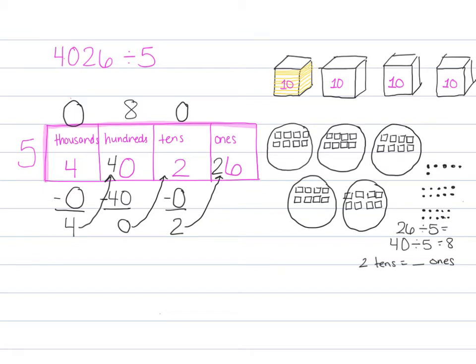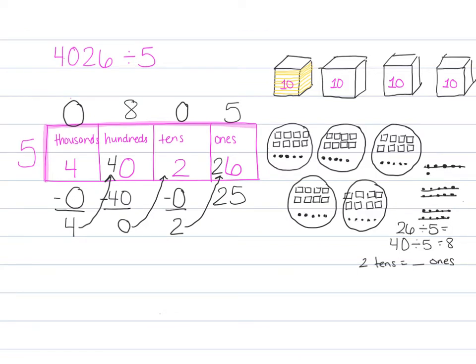So we know that there will be 5 ones in each of our 5 groups. So where do we put the 5? Above the ones place. 5 times 5 is 25. So there's 5 in each group.